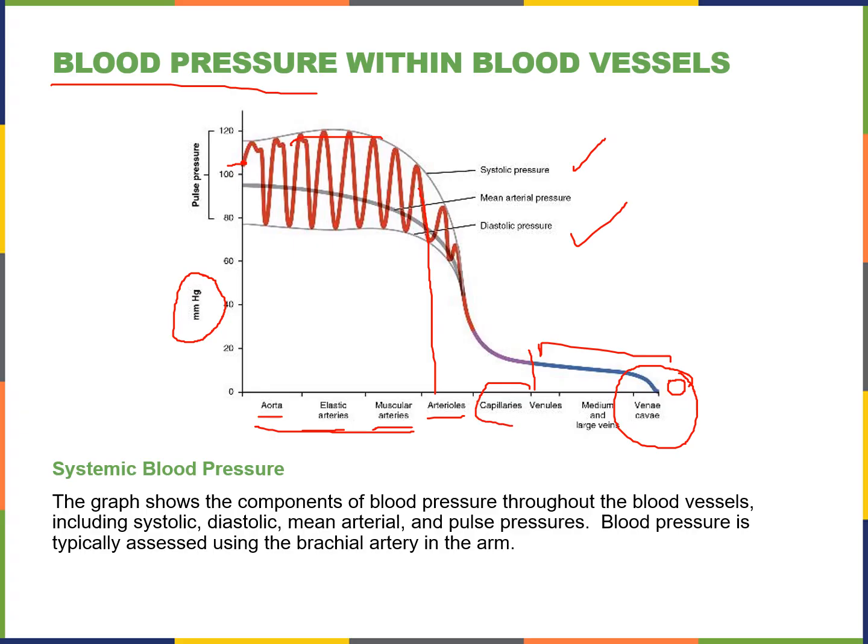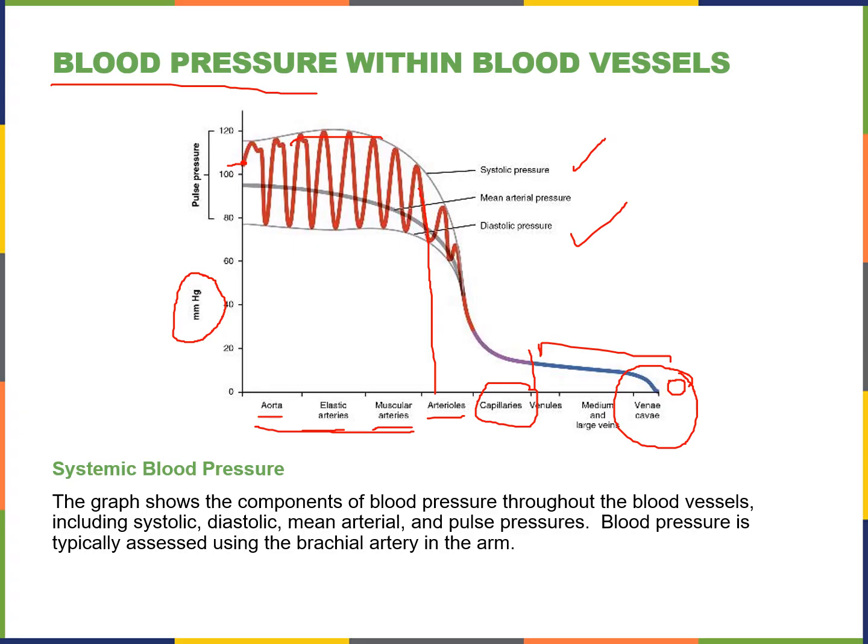And capillaries, oftentimes students think that because capillaries are just small vessels, they're one cell layer thick, they would have the lowest blood pressure. The blood flow, which is not the same thing as blood pressure. Blood flow is how fast the blood is moving from point A to point B. Blood pressure is the force against the wall of the blood vessel.